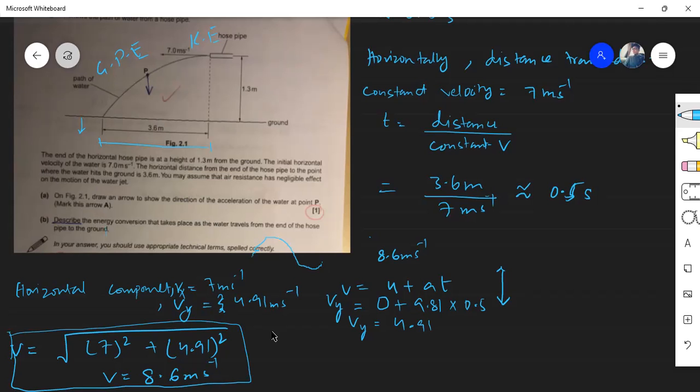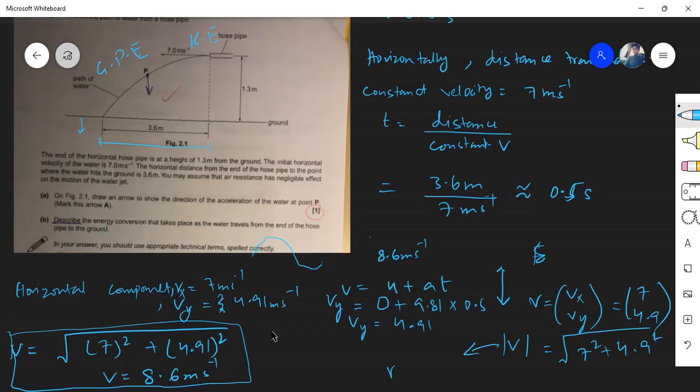So if this is the velocity, it's equal to Vx and Vy, which we found individually to be 7 and 4.9. So the magnitude of V is equal to the square root of 7 squared plus 4.9 squared. This represents the speed.